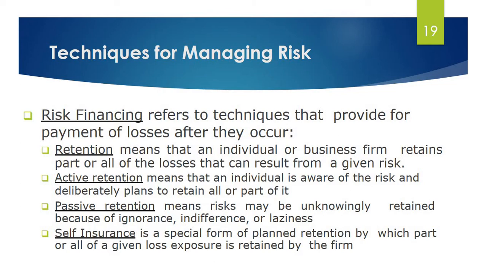If an individual takes an insurance policy, the individual is aware of the risks, and by taking the insurance policy, that individual is planning to retain all or part of the risks. And passive retention means risks may be unknowingly retained because of ignorance. So passive retention is more harmful than active retention.